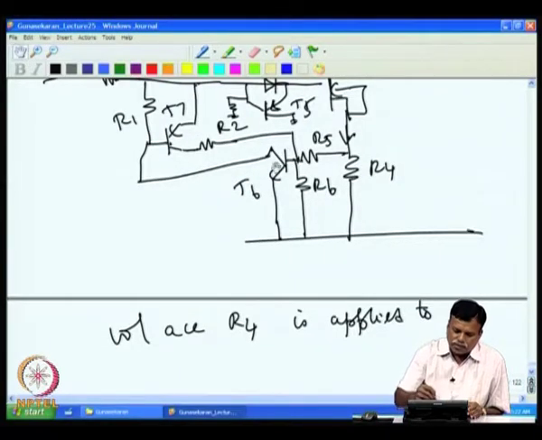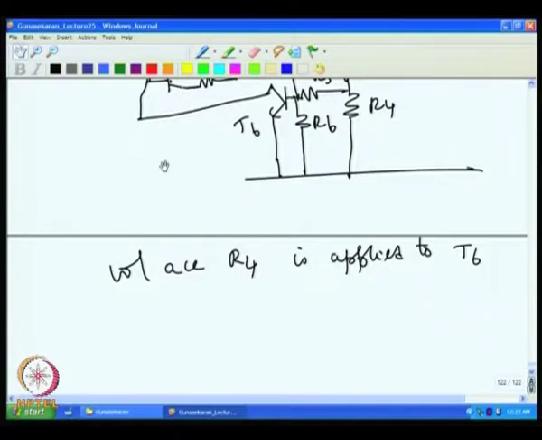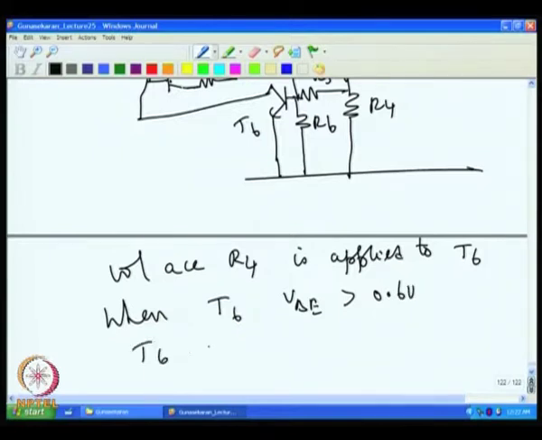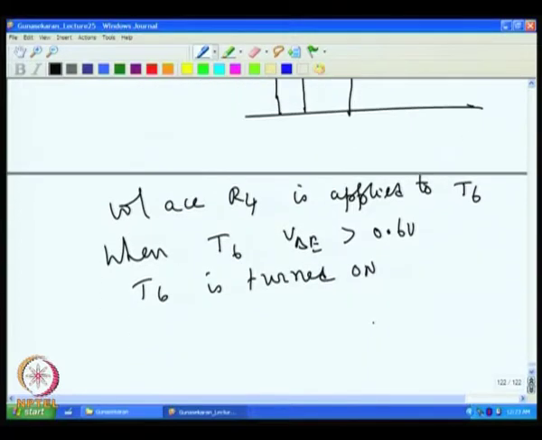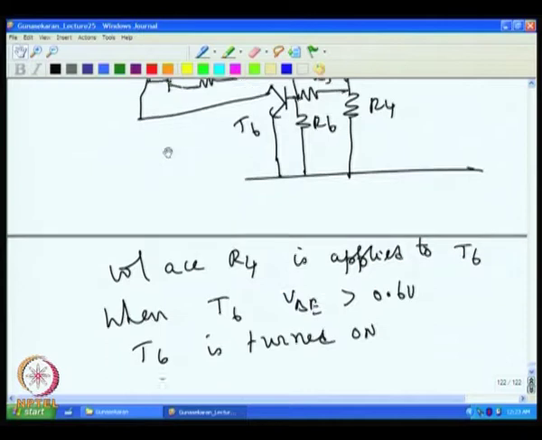When the voltage at this point is more than 0.6, that makes the current flow through R1, and T7 is turned on, and then voltage is applied back to T6. When T6 VBE is greater than 0.6 volt, T6 is turned on. Once T6 is turned on, then T7 will be turned on once the voltage across R1 goes above 0.6.